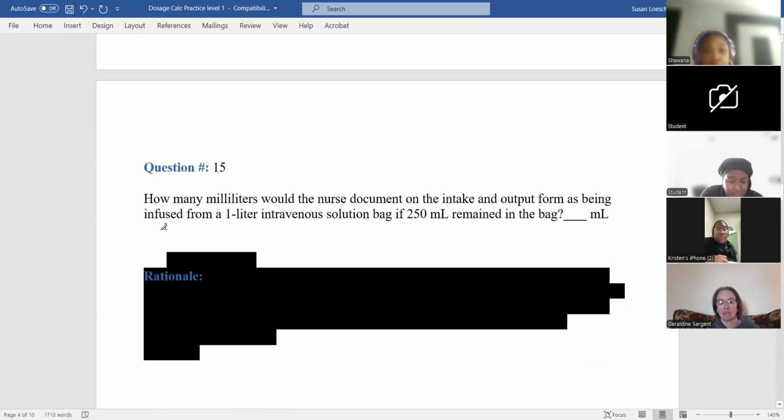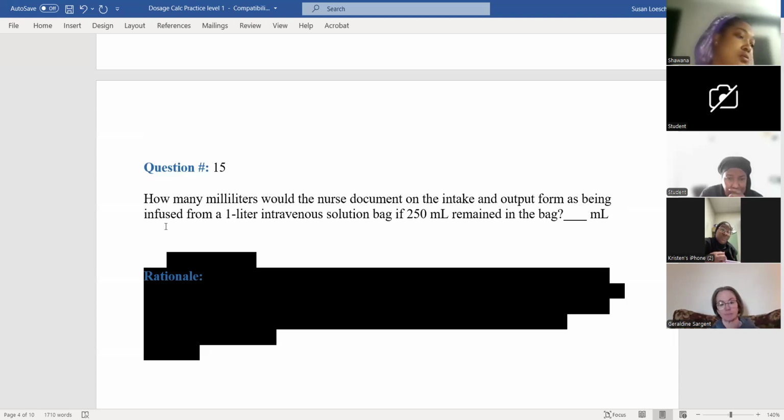Okay, let's look at the next one. So this is something like I just asked you, right? How many milliliters would the nurse document on the intake and output form as being infused from a 1 liter IV bag if 250 ml remained in the bag? So, first thing you have to figure out is how many milliliters is the 1 liter bag, right? How many milliliters is a 1 liter bag? 1,000.